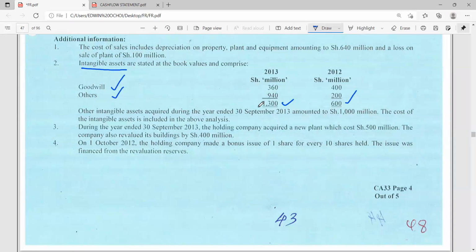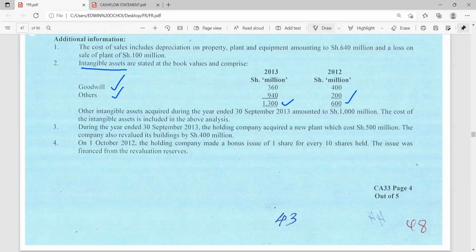Other intangible assets acquired during the year ended 30th September 2013 amounted to shillings 1,000. The cost of the intangible assets is included in the above analysis.